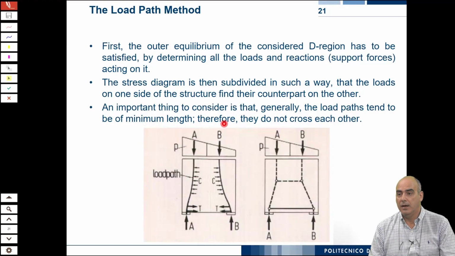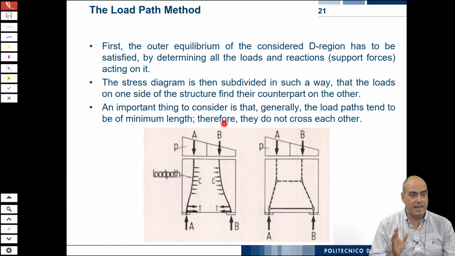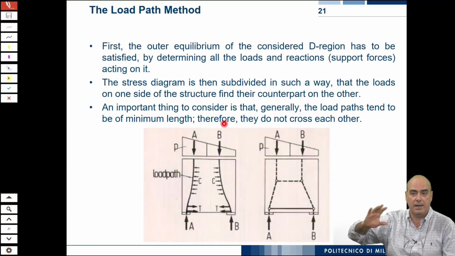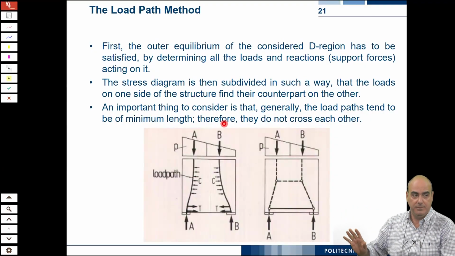So first of all, you have to calculate the A and B forces. These are the reaction forces, and you can calculate them with solid mechanics, considering the beam as a rigid body.